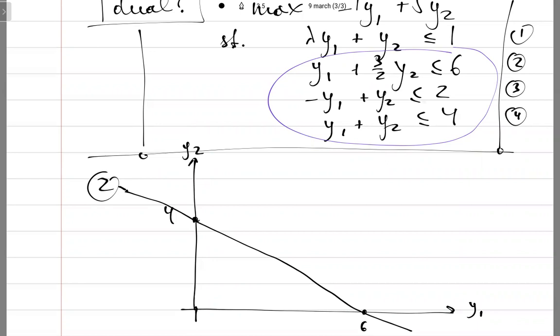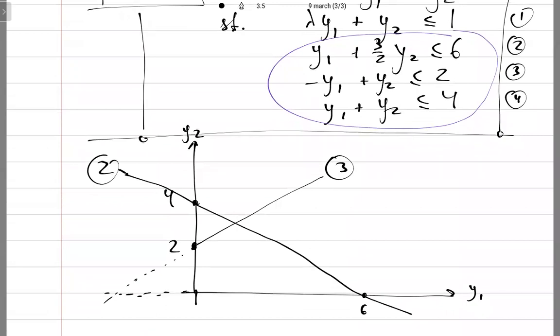Number 3, it will be y2 is 2. And it will go like that. Number 4, what will I get? I think it is like this. That is number 4.